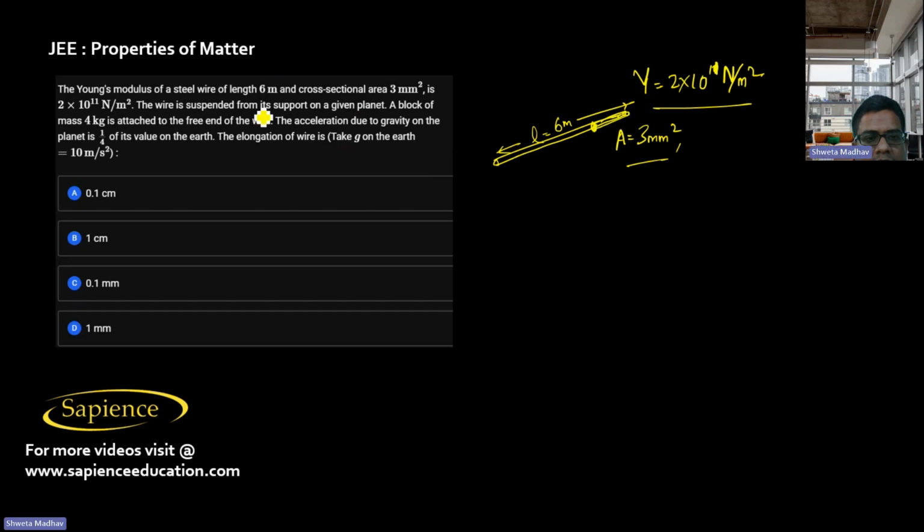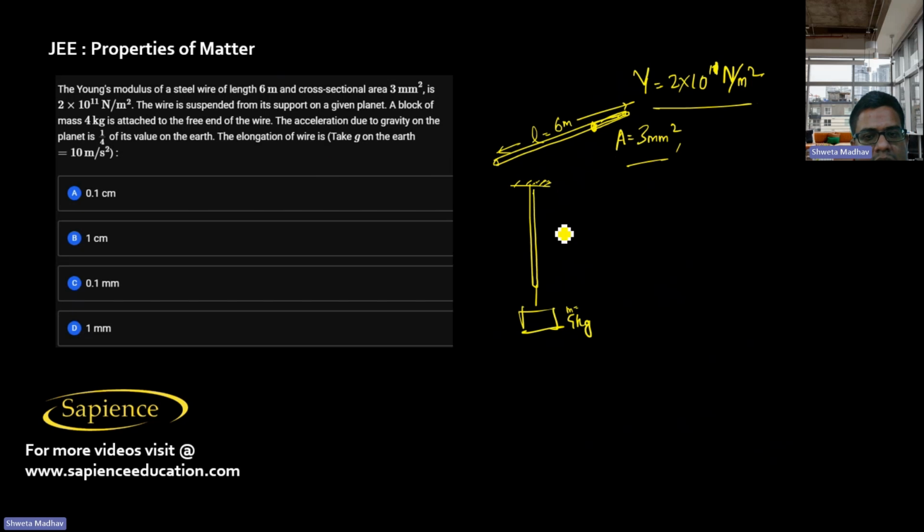The wire is suspended from its support, and a block of 4 kg mass is suspended from its free end.